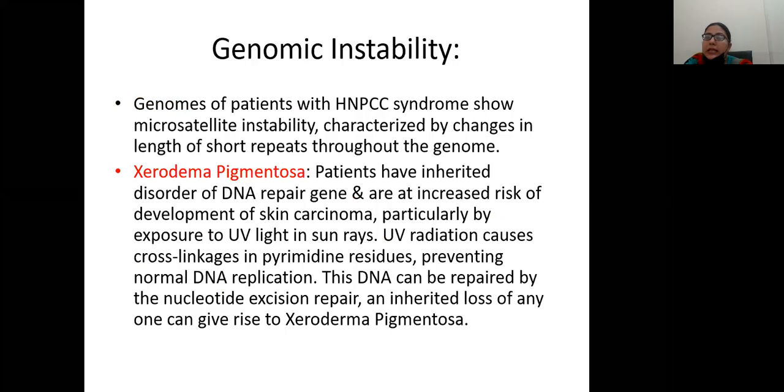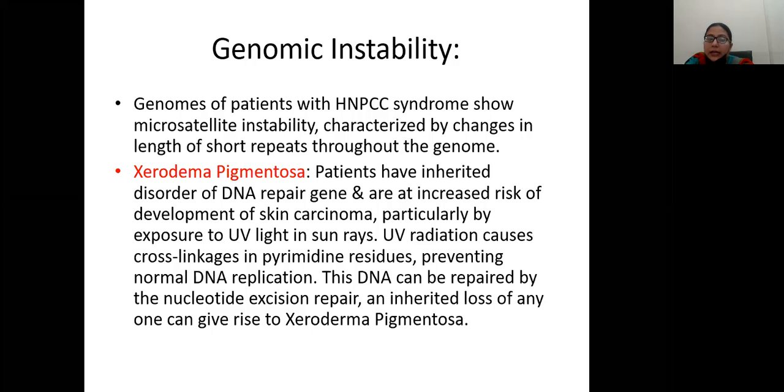It means malignancy can occur due to genomic instability, and the example is hereditary non-polyposis colorectal carcinoma. Clear? I repeat it again: in hereditary non-polyposis colorectal carcinoma, there is microsatellite instability.